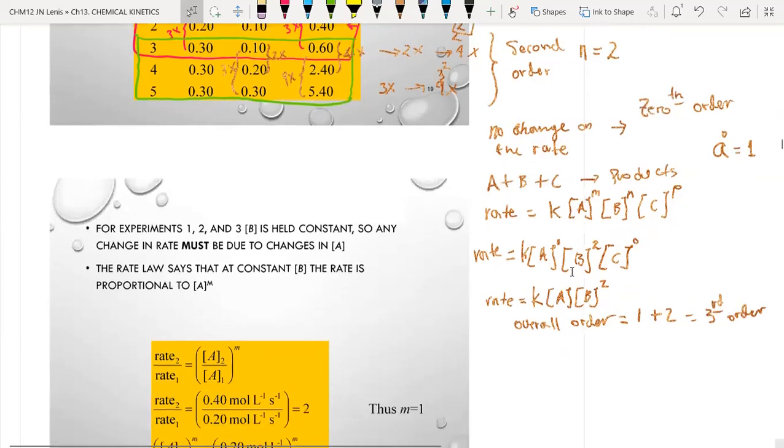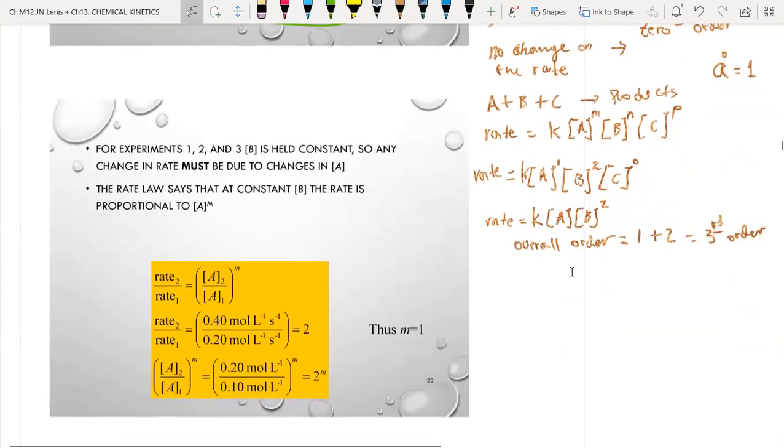There's another meaning for the order of the reaction. And that meaning has to do with something that we call molecularity.